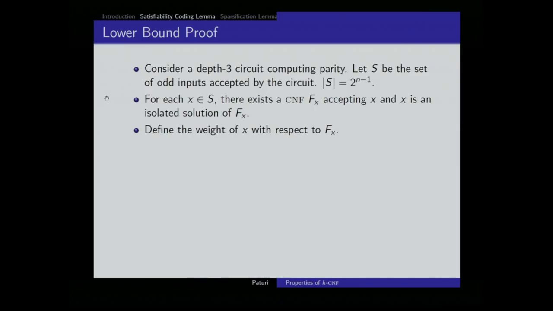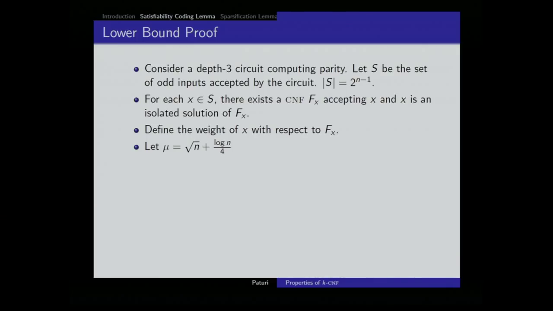And so we look at the weight of that particular assignment x. We're going to choose mu to be square root n plus log n over 4. That's where the fourth root of n is going to come from. We're going to balance between those isolated solutions that have short critical clauses versus those that have long critical clauses.